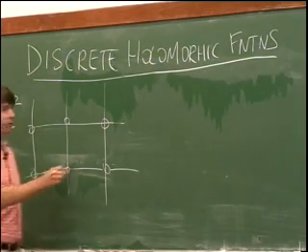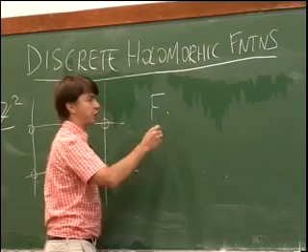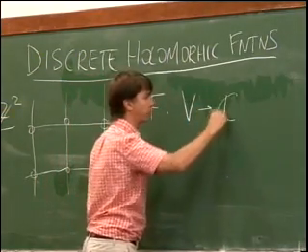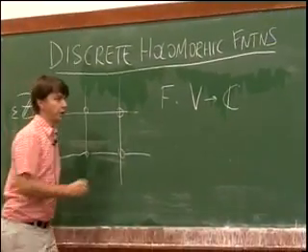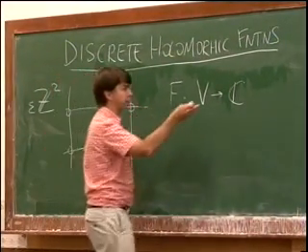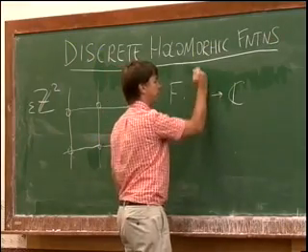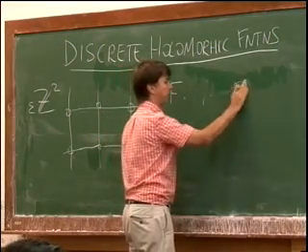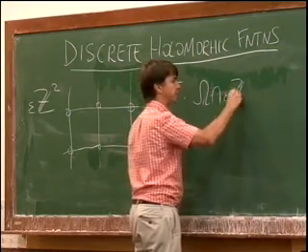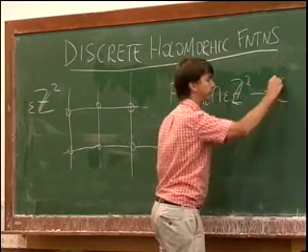And we have a function f on the vertices, which is complex valued, and which is discrete analytic in some domain omega, so let's say omega intersected with epsilon Z squared, into C.